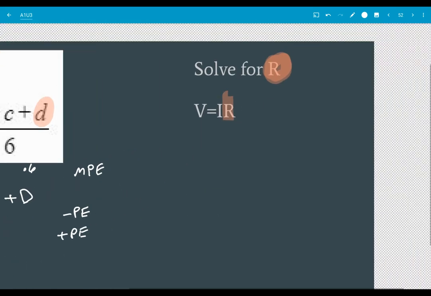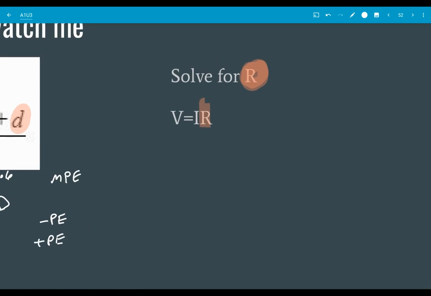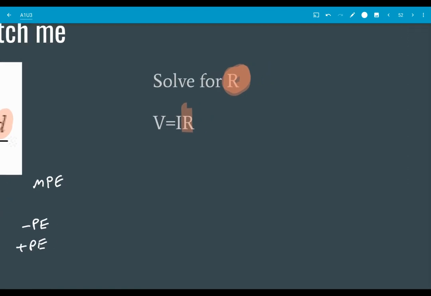And for this one, now, this particular equation is an actual equation. So in this one, we're looking at V equals IR. And this is an actual electricity equation where V is voltage, I is current, and R is resistance.